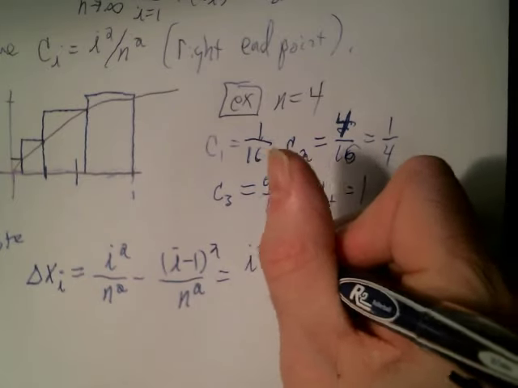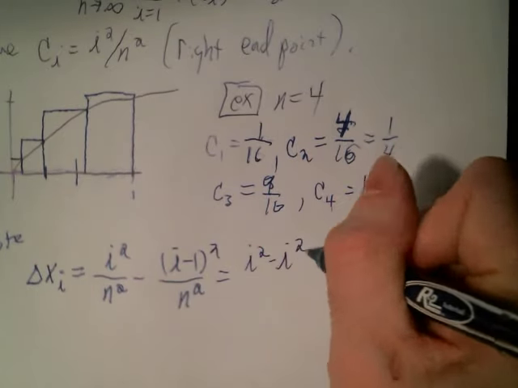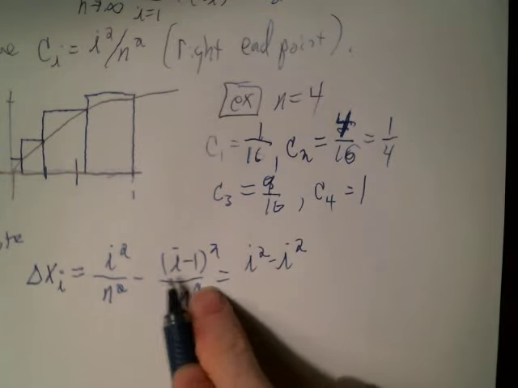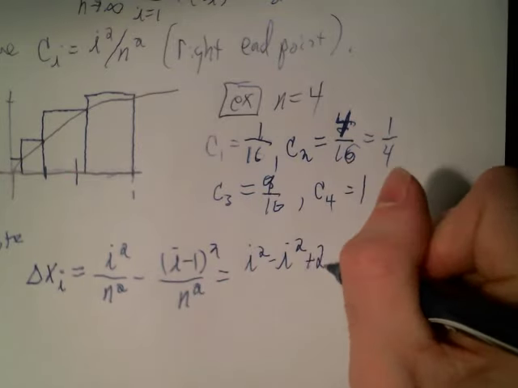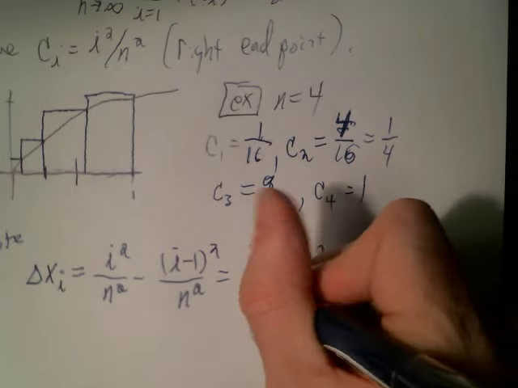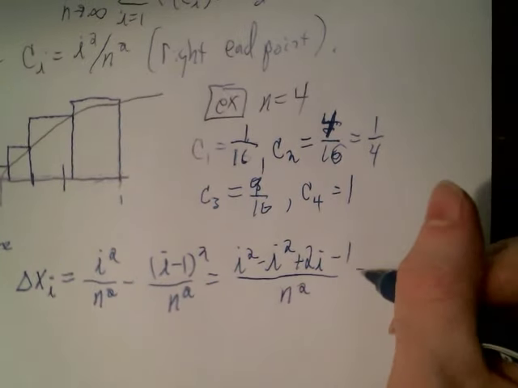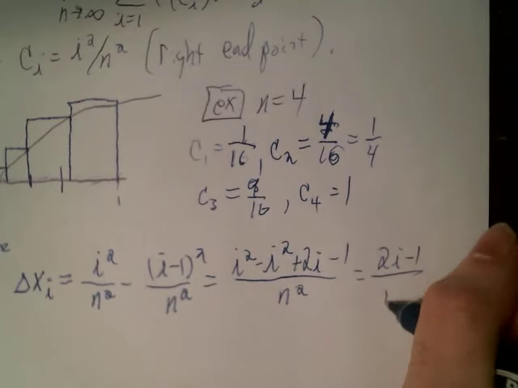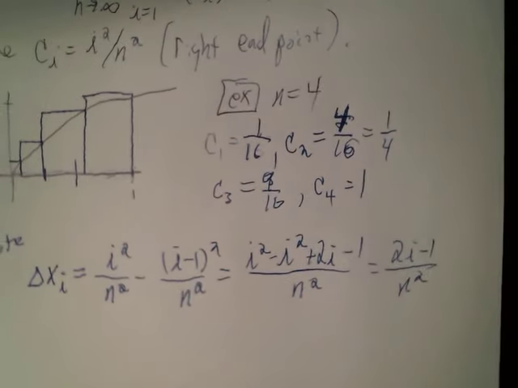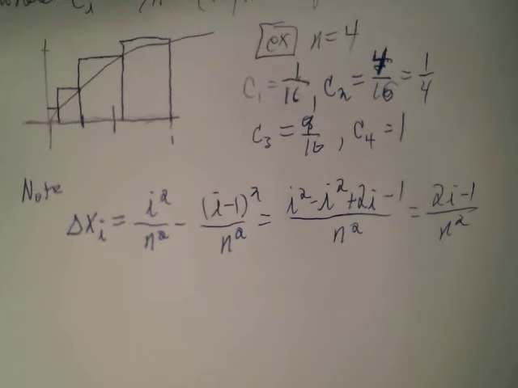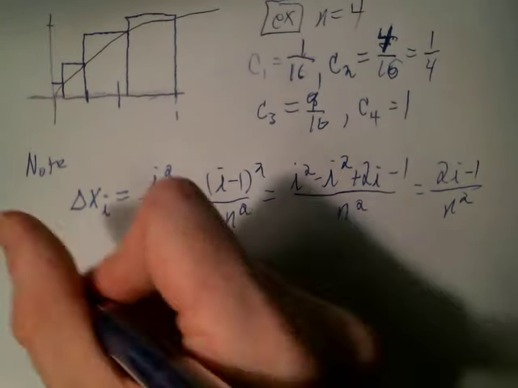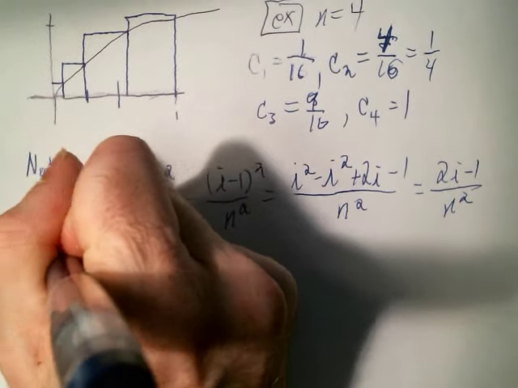We have i squared minus i squared minus 2i, but then I distribute, so it'd be plus 2i, and then minus 1 all over n squared. So 2i minus 1 over n squared, okay, for our delta x sub i. Okay, then we're going to be able to figure out the area underneath this curve.